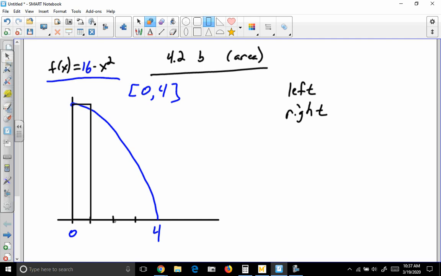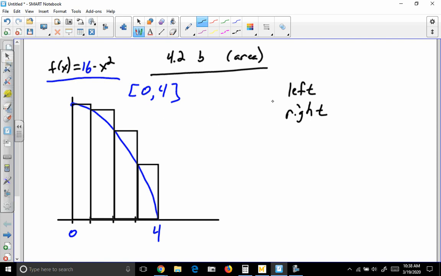In each next interval, the left side is where we touch our curve. The reason we use rectangles is that they're shapes we know how to get the area for. The area of a rectangle is just length times width.